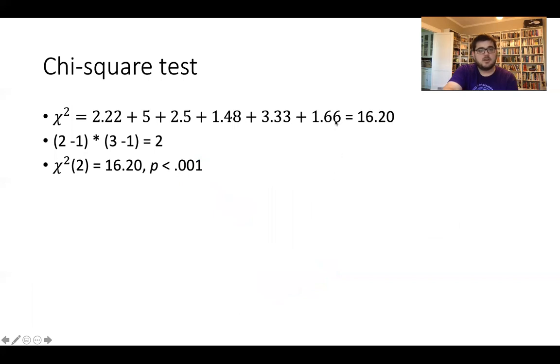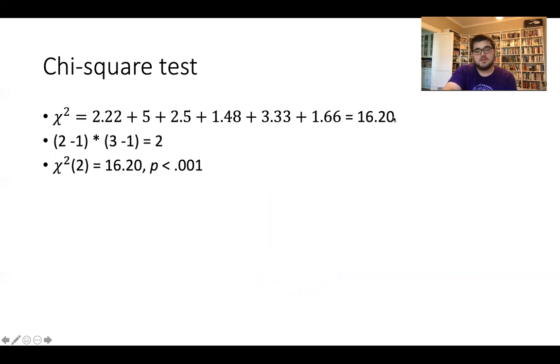That's the last number here. You end up with a chi-square value equal to 16.2. So 16.2 is the overall sum, if you add together all the discrepancies over each category. That's our chi-square test statistic.